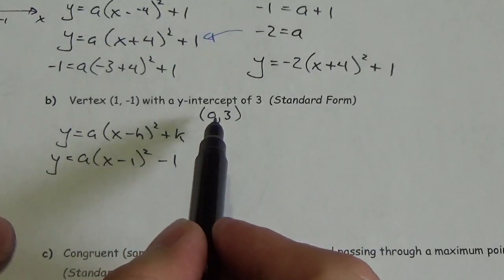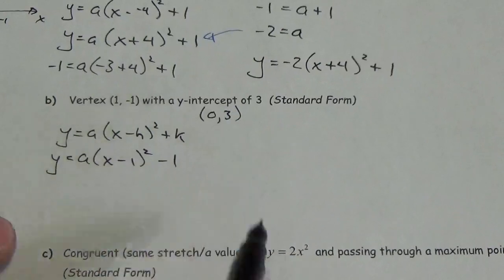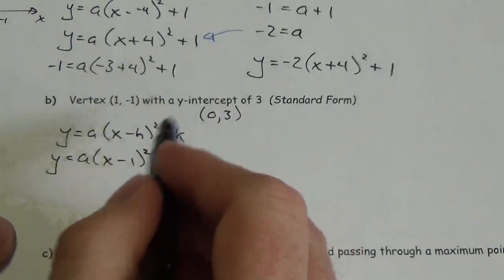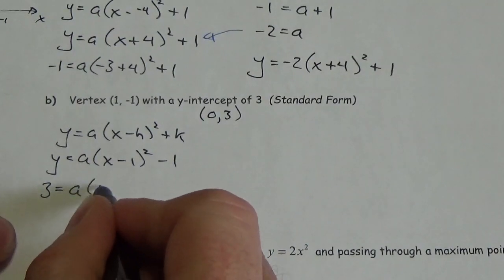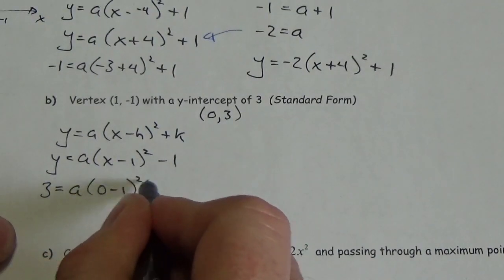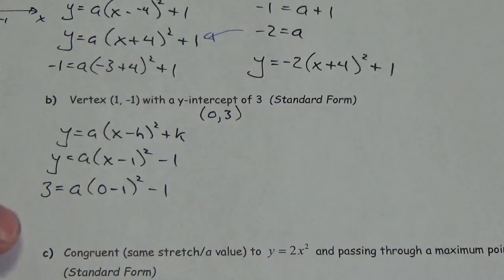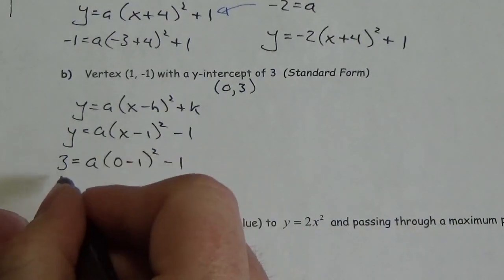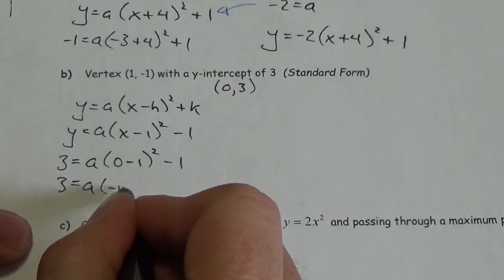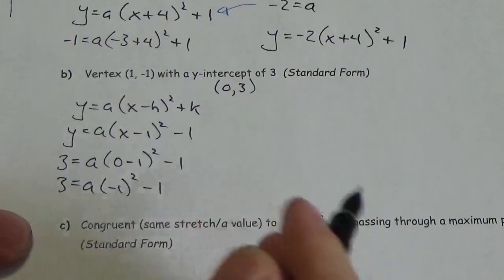And now, just like we talked about before here, this is my x, this is my y. So I'm going to plug that point in, and I will get 3 is equal to a multiplied by (0 minus 1) squared minus 1. I'm going to go through the order of operations. 0 minus 1 is going to be negative 1 squared minus 1.